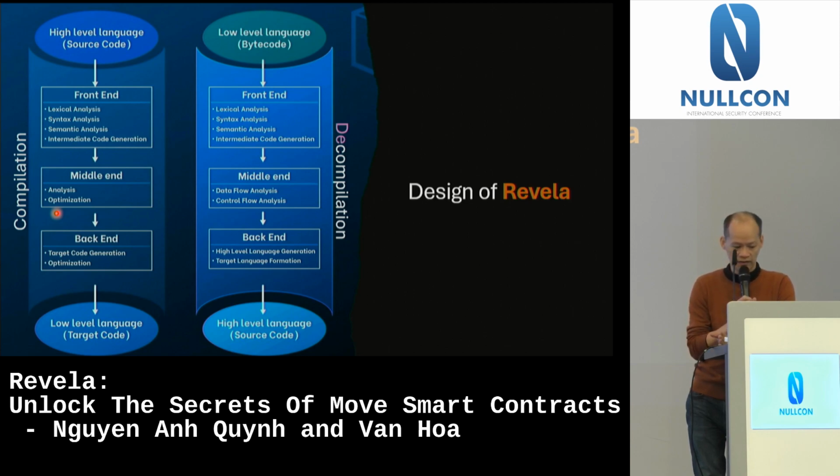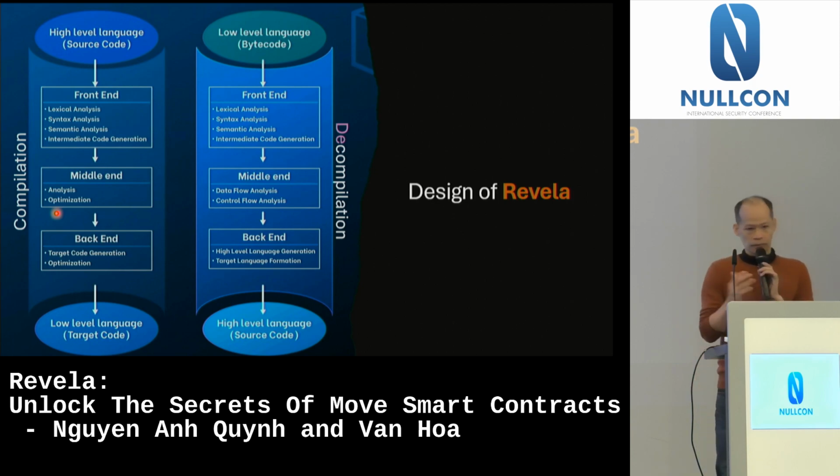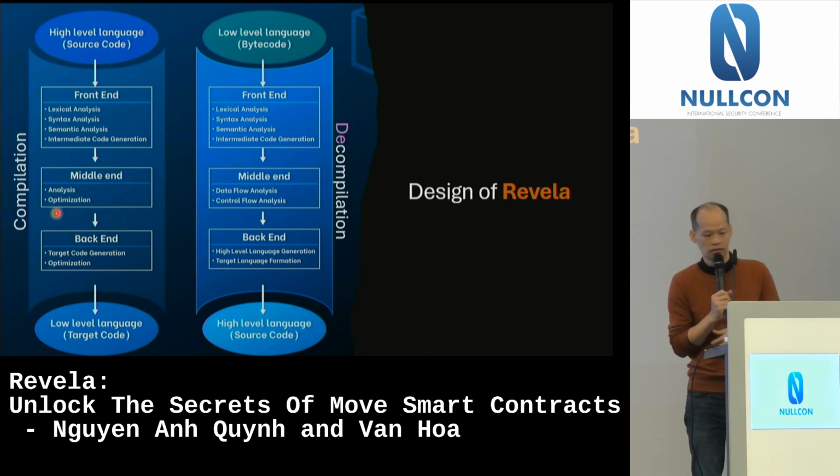The difference is that for the compiler, the input is high-level source code, and the output is something in a low-level form, like machine code or bytecode for some virtual machine. But the decompiler is different here. The input for the decompiler is bytecode, which is the low-level form of the code, and at the output, we try to recover the high-level source code.